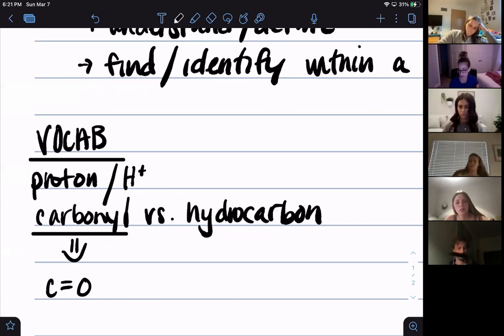So carbonyl, when you're taking the test and nobody's reading these questions to you, or you don't have an opportunity to ask what this word is, I just want you to be aware of what that is, okay? So technically, for the sake of this portion of the test, I want you to know this only as a carbonyl, which is a C double bonded O, okay? Because that's really what's going to be the most important thing when it comes to identifying functional groups, okay?